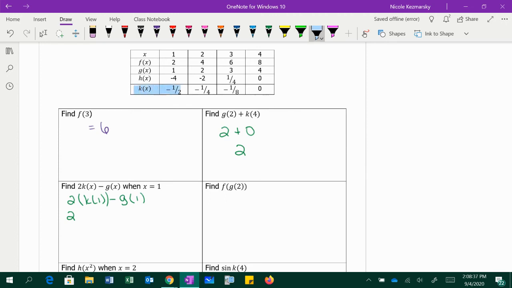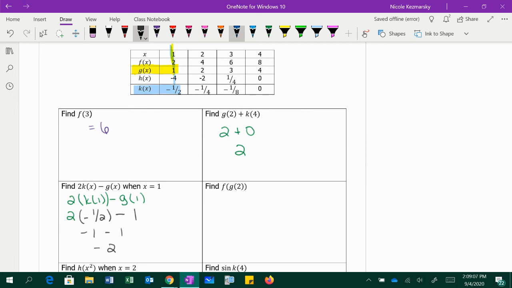So I'll look across k and down 1, and I get negative 1/2. Then I'll do minus g of 1, so I'll look across g and down 1, and I get 1. 2 times negative 1/2 is negative 1, minus 1 gets me negative 2.